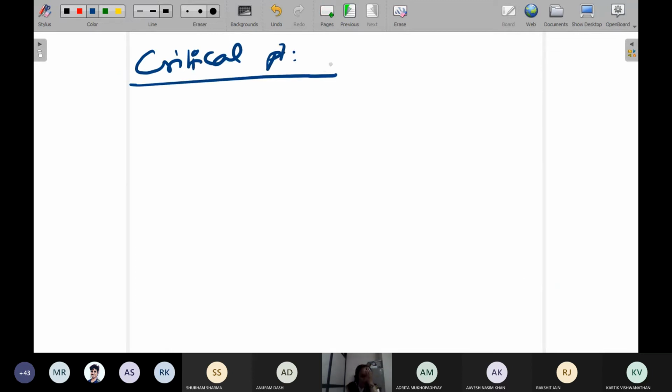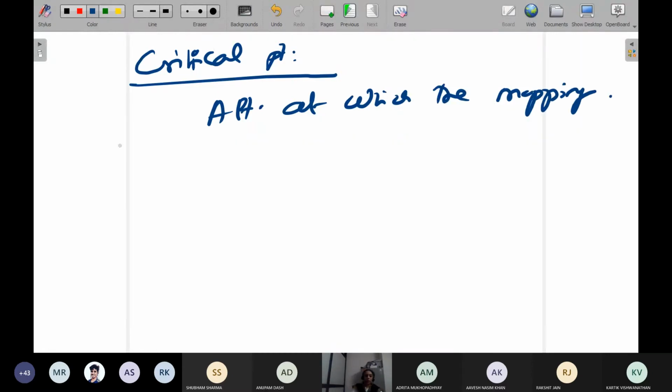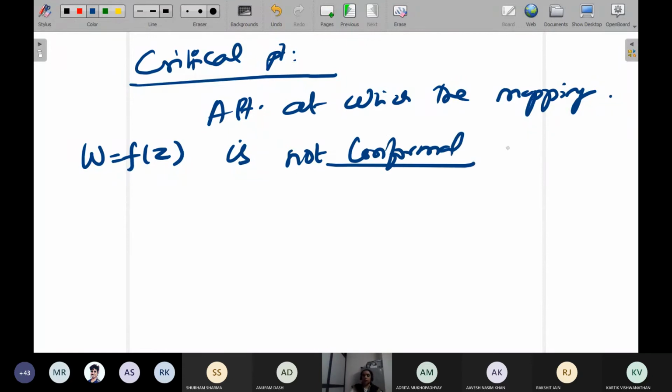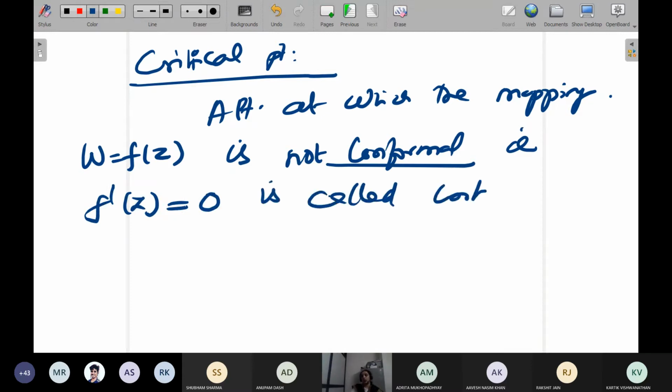You can just take down: a point at which the mapping w = f(z) is not conformal, that is, where the derivative of the function f(z) is equal to 0, is called a critical point of the mapping.